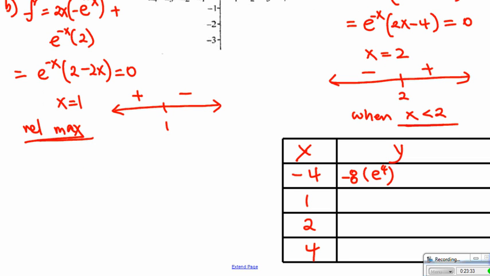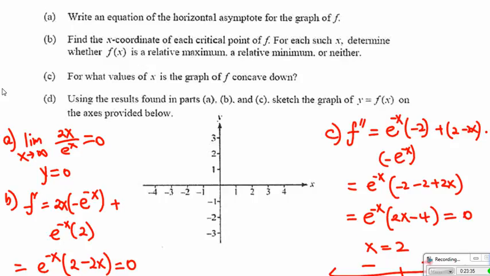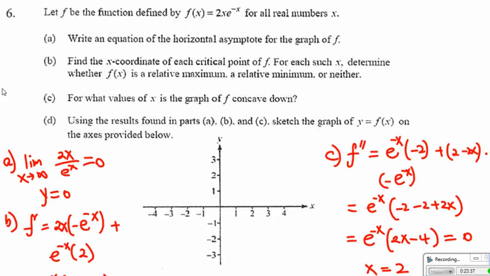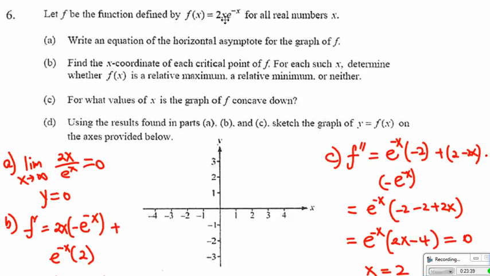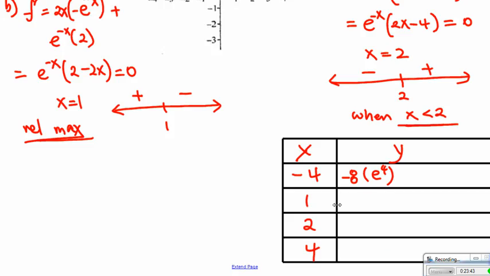And when x equals 1, we have 2 times e to the negative 1, so this becomes 2 over e, which is about 2/3, because e is equal to 2.718.